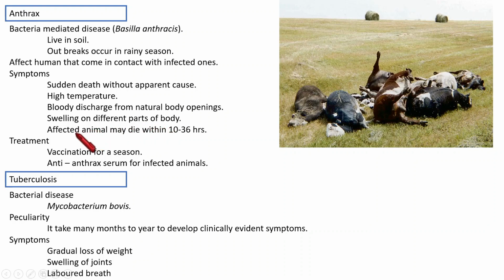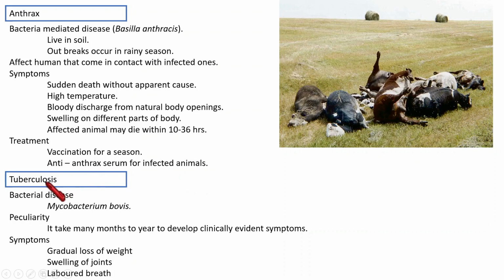Finally, the affected animal will die within 10 to 36 hours. Treatment: vaccination is there, but it does not provide immunity throughout its life, only for a season. The medicine is anti-anthrax serum inoculation for the infected animals.